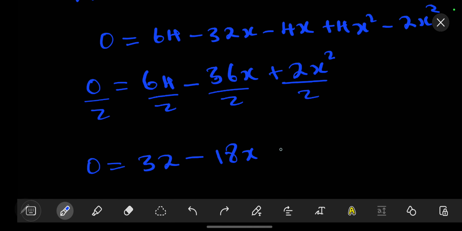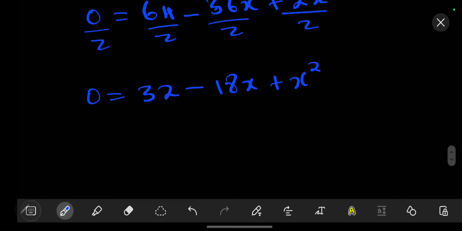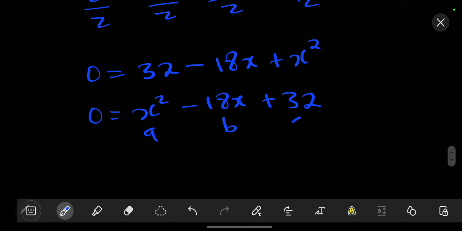Plus 2 divided by 2 will just be x squared there. So let's just order them properly. So we have 0 should be equal to x squared, then we have minus 18x plus our 32 in the standard form of a, b, c.